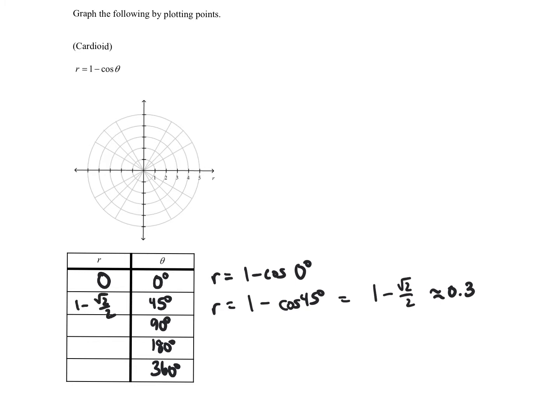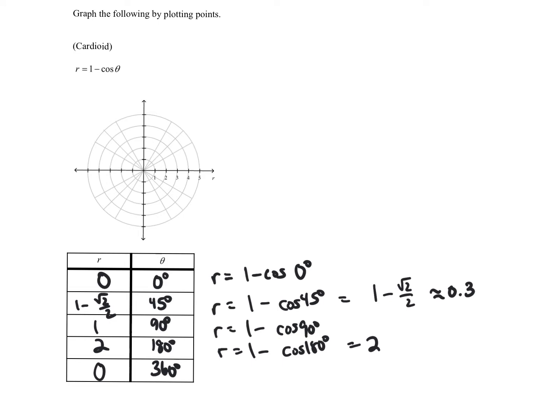The exact value is 1 minus radical 2 over 2, but it's about 0.3. For 90, we do 1 minus the cosine of 90, which is just 1. For 180, we get 1 minus negative 1, so that's 2. And 360 is the same as 0 degrees, so we would be back at 0.